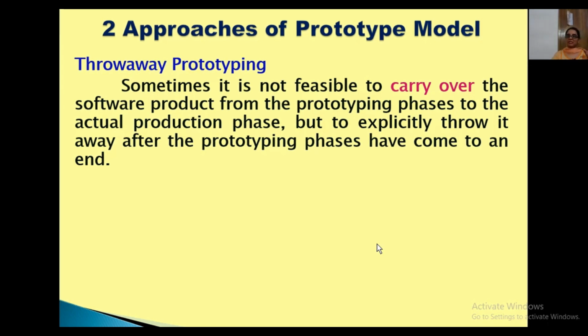It means we are generating prototypes for satisfying the customer or the end user. We are generating multiple prototypes, one after another, as per the refined requirements given by my user. Finally, the prototype which is approved by your user might not be usable in the same form.